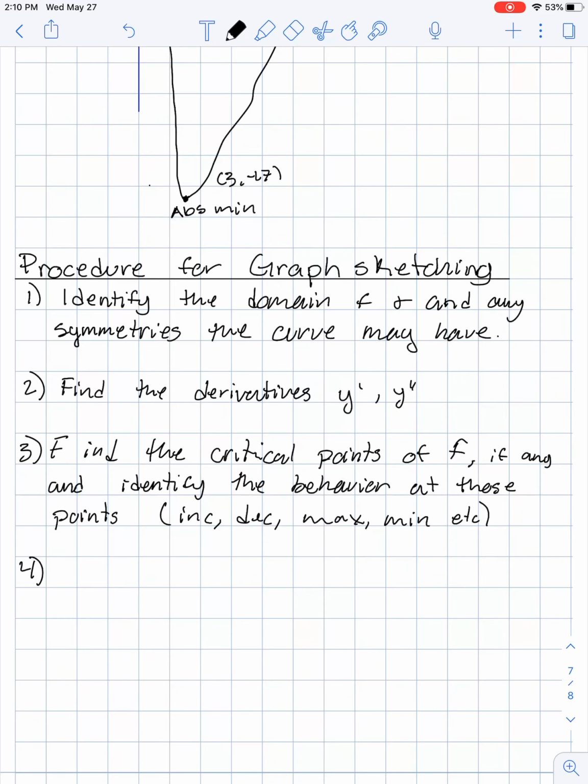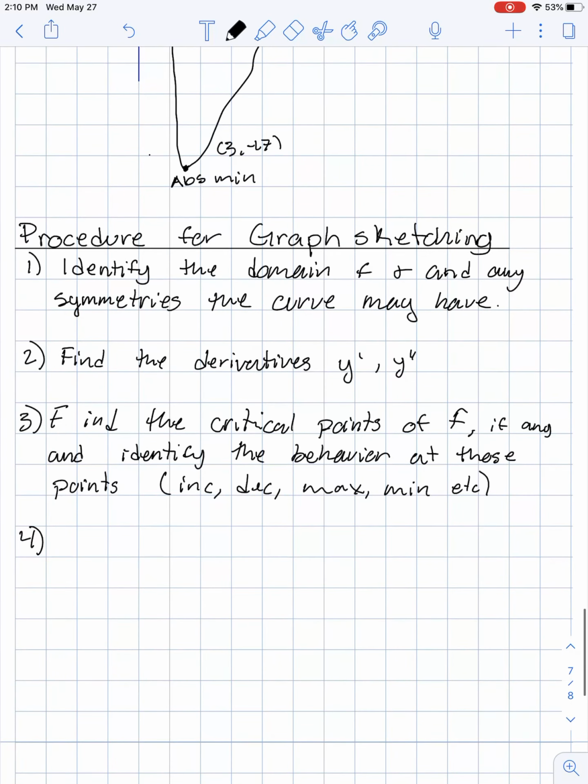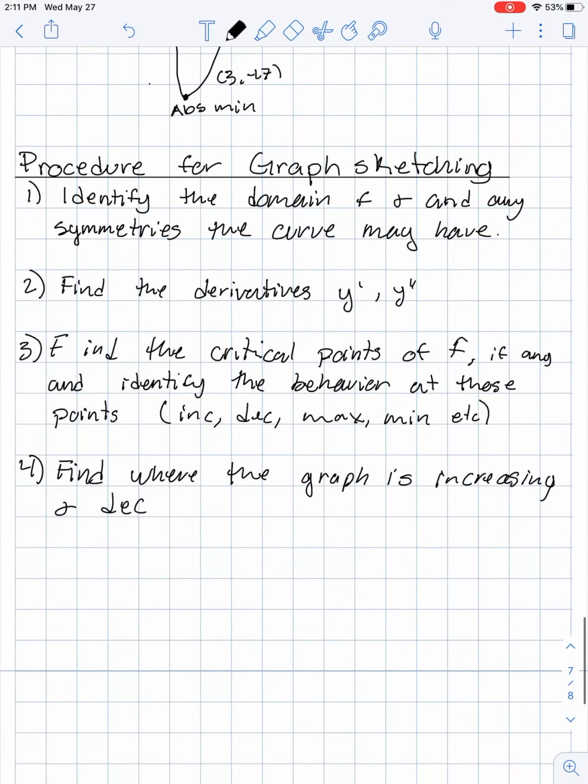All right, so then number 4, technically number 4 is when it's increasing and decreasing. I kind of include that in step 3 when I do it, but I want to give you how the book spells it out because it's a little bit more detailed.